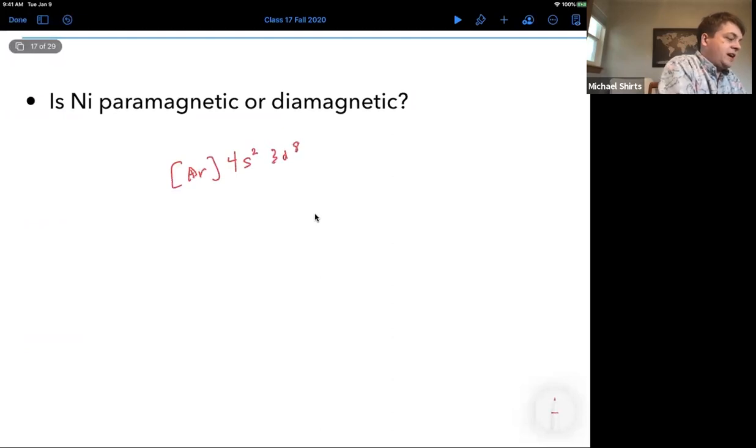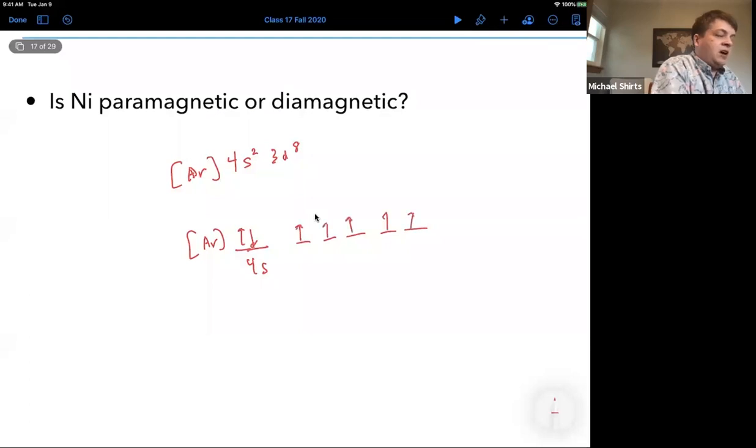So let's start filling it out. Those are going to be the 4s electrons, then the five 3d orbitals. First we fill out the 4s, and then we start filling up the 3d. And remember Hund's rule. The first 5 are all spin parallel, and then we had 3 more. So 1, 2, 3. Aha!